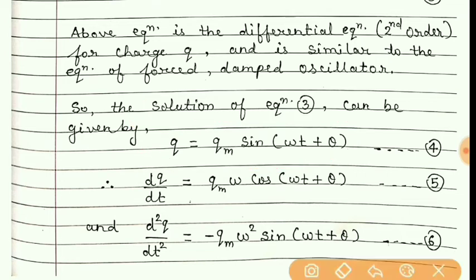So we accept this equation as a solution. Now differentiating this equation with respect to time, on the left side we get dq by dt.